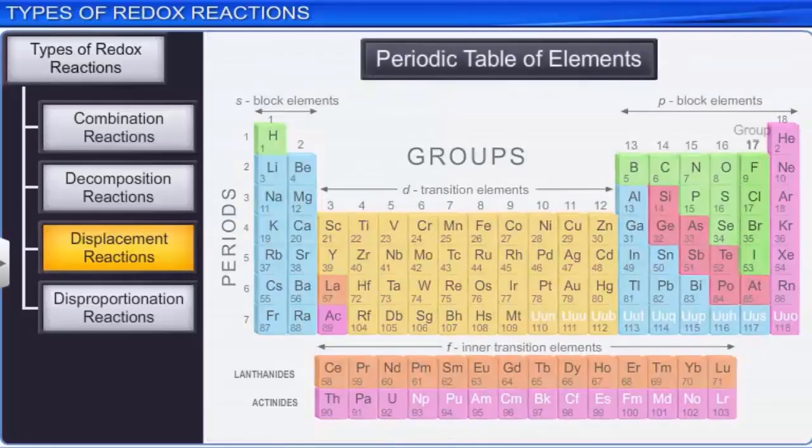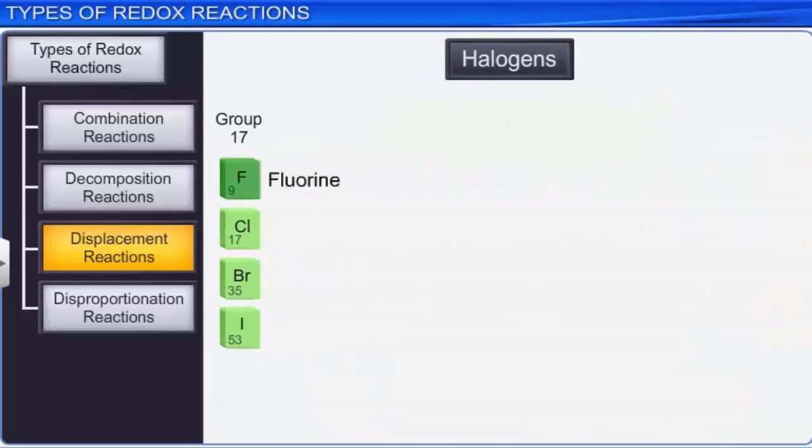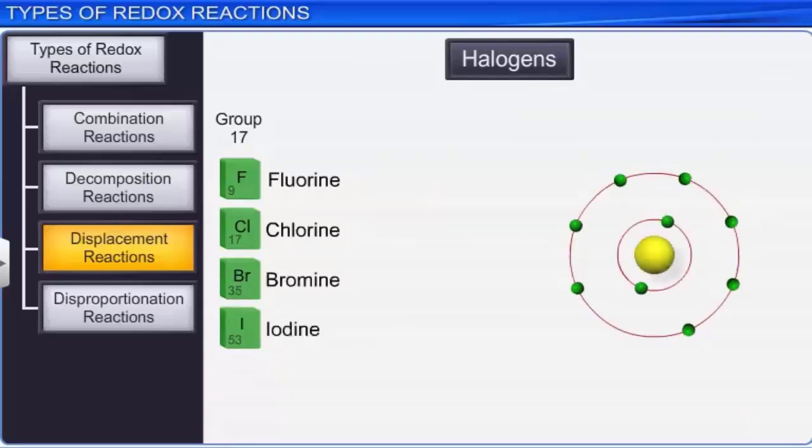The halogens in 17th group include fluorine, chlorine, bromine, and iodine. These halogens have a tendency to accept electrons as they need an electron to complete their octet. This tendency causes them to be reduced. Hence, they are good oxidizing agents.